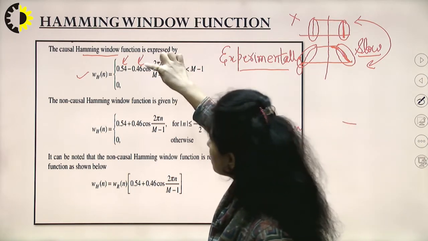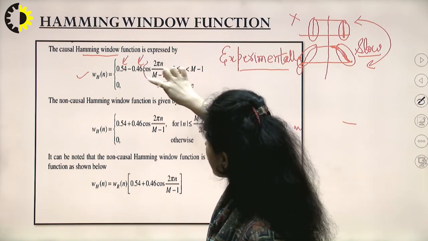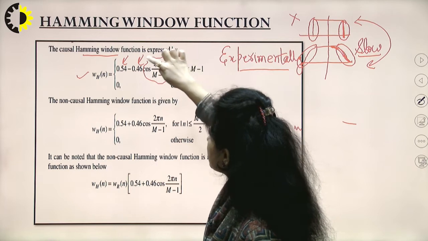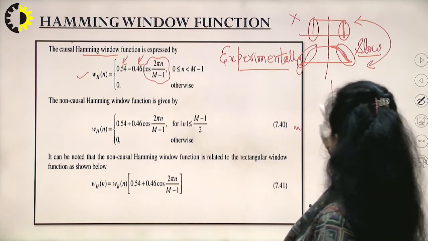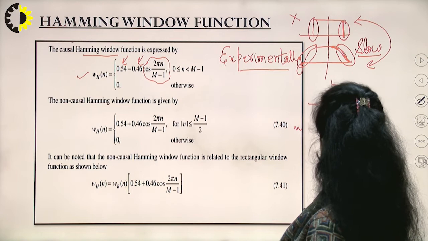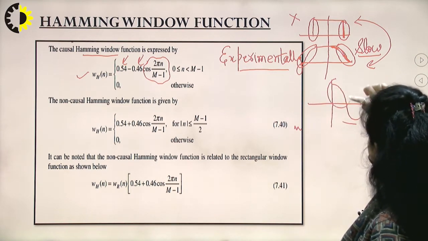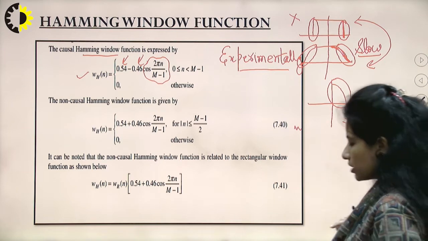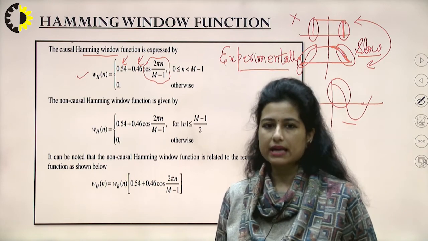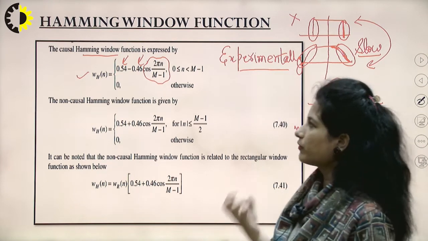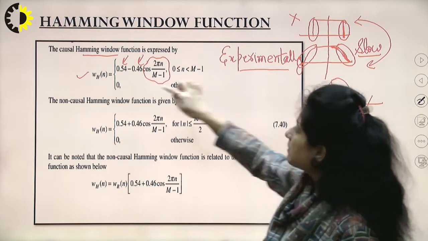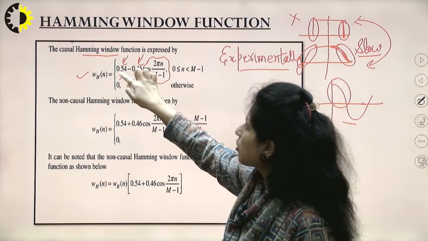Most of these window functions have the cosine function as the main function. If I try to draw my cosine function, it appears like this, and this part has a tapering characteristic. So I'm going to use cosine as my window function in most of the windows, scaled by some constant values.